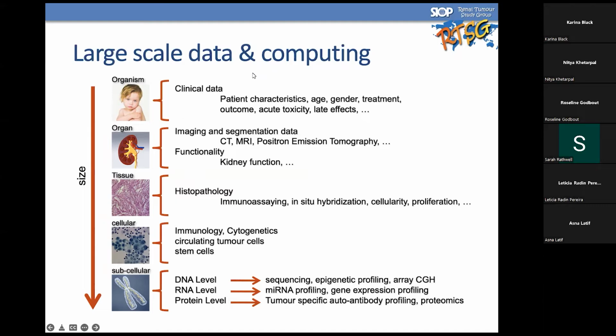There are so many kinds of data that can be used, and they are heterogeneous, and you need to think about how to bring them all together and analyze them to get a very good model that you can really have, a better way of going to precision medicine or personalized medicine by using these models for decision support.